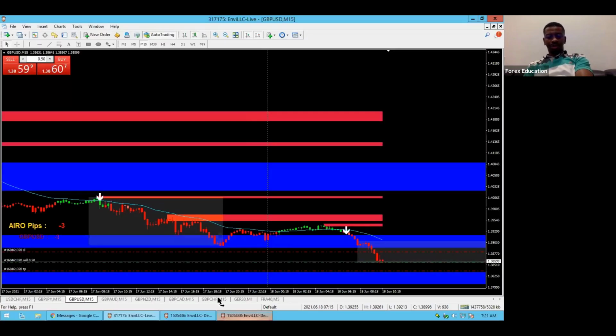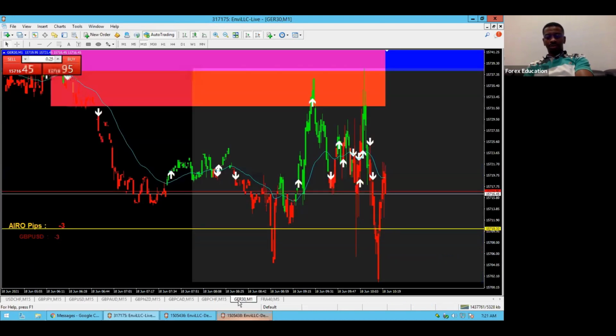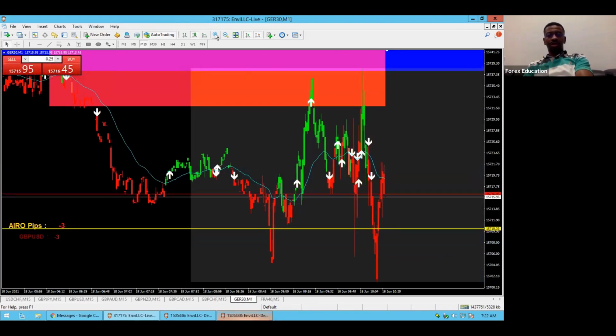Let's go GU. Come on. Strength meter says sell, so that means sell.